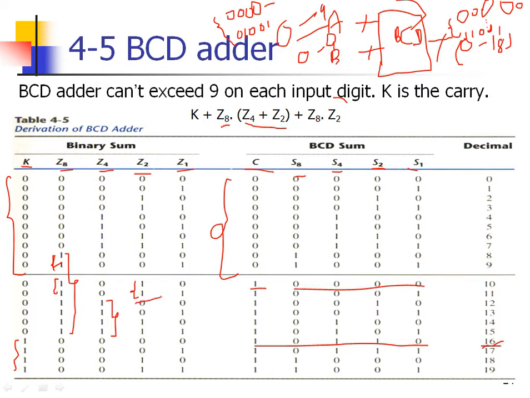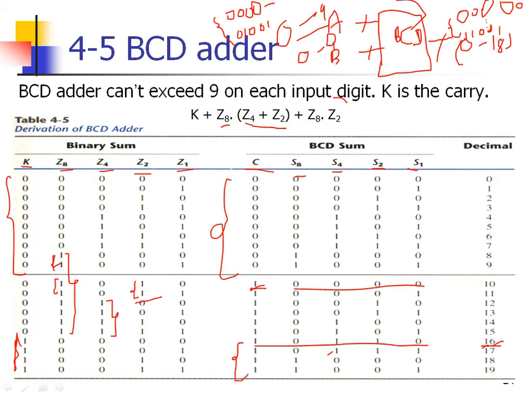If these two are 1, at that time also the carry is generated. Once again I am repeating the three cases. Let us say when K is 1, that is from 16 to 19, we add 6 to this binary sum, that is what is given here.